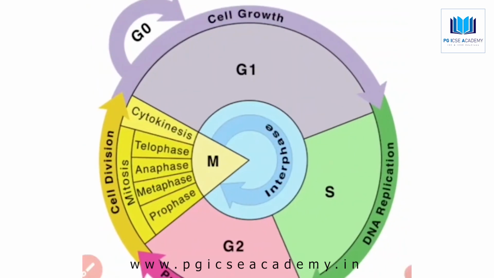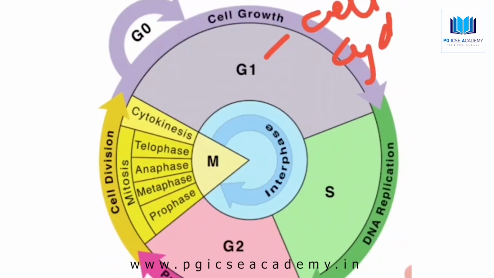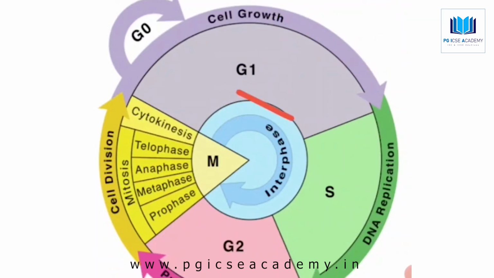Mitochondria and chloroplasts divide, as these two organelles have their own DNA. G1 phase is of two types, early and late. In late G1 phase, the cells are given two options: whether they want to continue the cell cycle or leave it.